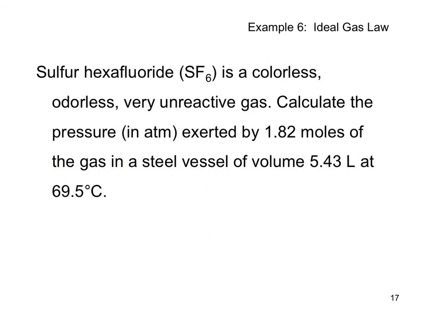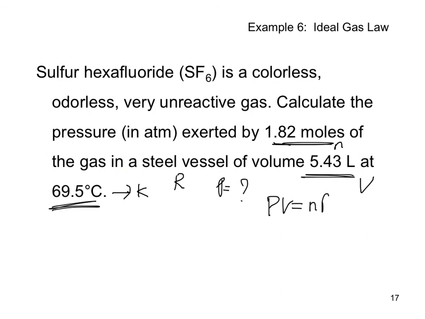Sulfur hexafluoride, SF6, is a colorless, odorless, very unreactive gas. Calculate the pressure exerted by 1.82 moles, so n is given, in a steel vessel of volume 5.43 liters. Temperature is given in degrees Celsius, which can be converted into Kelvin. R is a gas constant and they're seeking the pressure. There is one formula, the ideal gas equation, which correlates all of these.